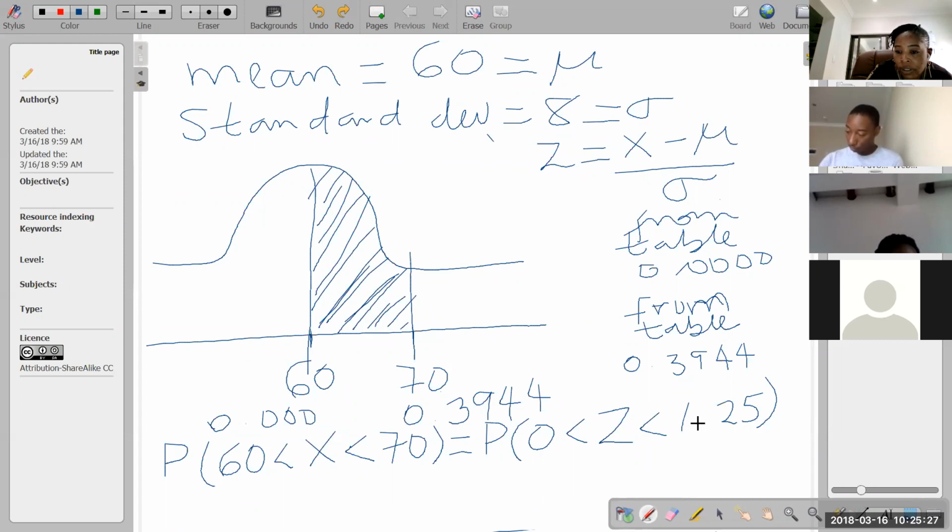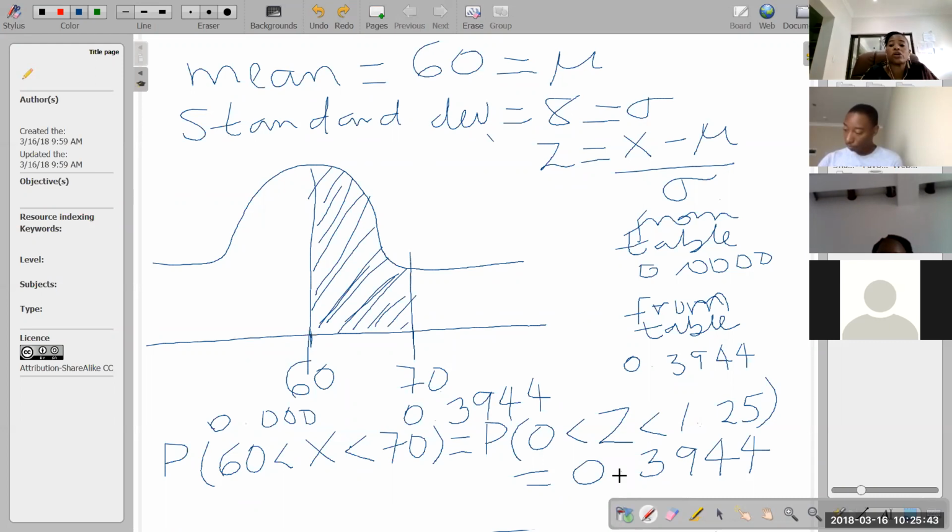You see the language is changing. That equals 0.3944, and that's our answer.